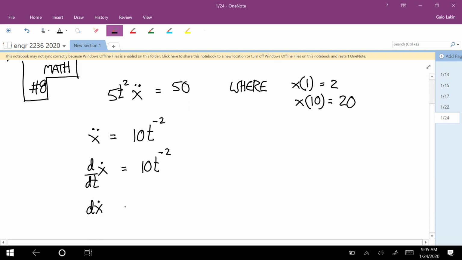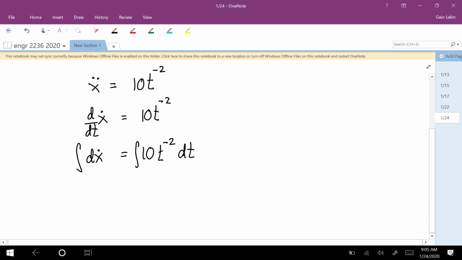And this is equal to 10t to the negative 2 dt. And now you can integrate. The integral of dx dot is just x dot. And that's equal to negative 10t to the minus 1 plus c1.